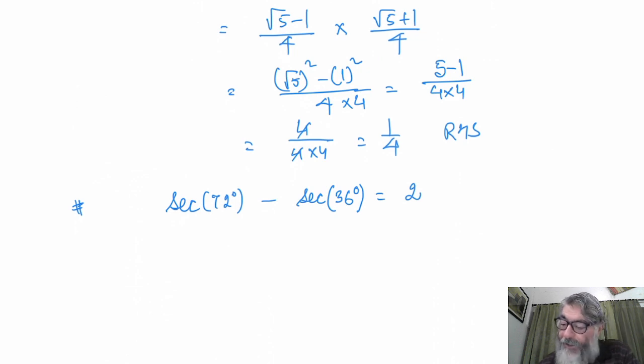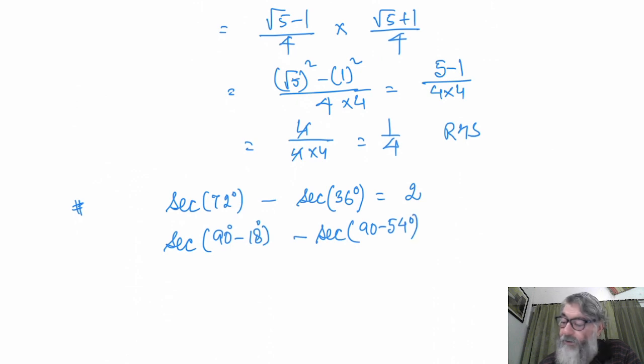So if I write sec (90 minus 18), it remains sec 72. The angle is 90 minus 18, which is 72, and it will be minus sec (90 minus how much? 54, I think). 90 minus 54.